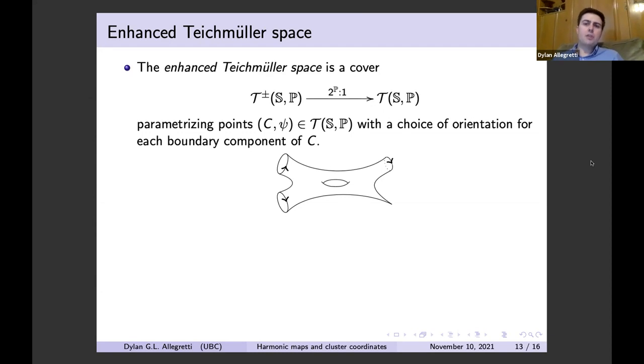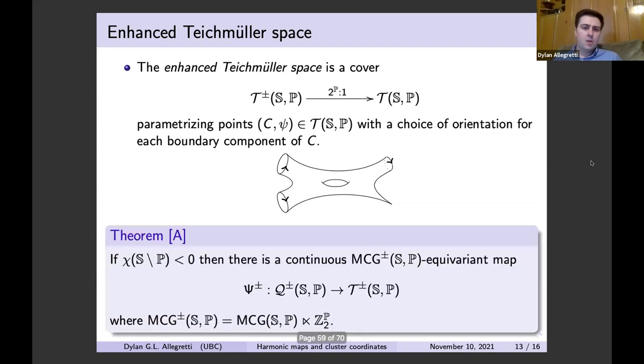And there's a generalization of the theorem I had before, which says if your surface has negative Euler characteristic, then there is a continuous equivariant map from the space of signed quadratic differentials to the enhanced Teichmüller space. And here I've introduced this extension of the mapping class group, which is obtained by forming the semi-direct product of the usual mapping class group with Z mod 2 to the p.